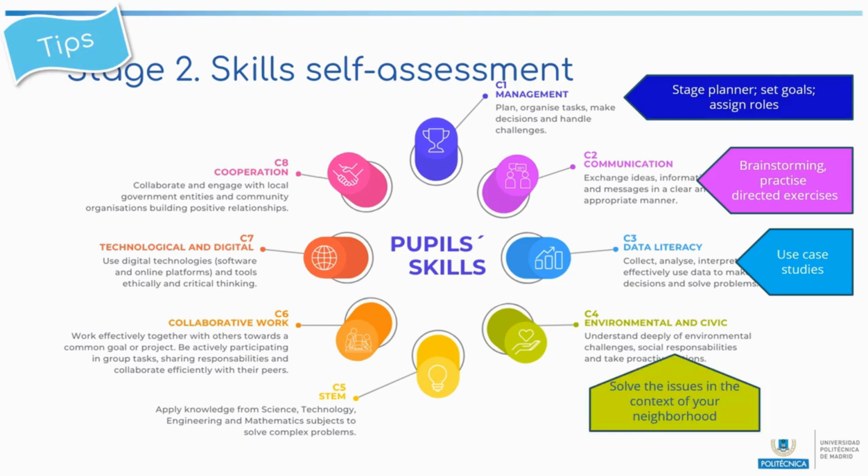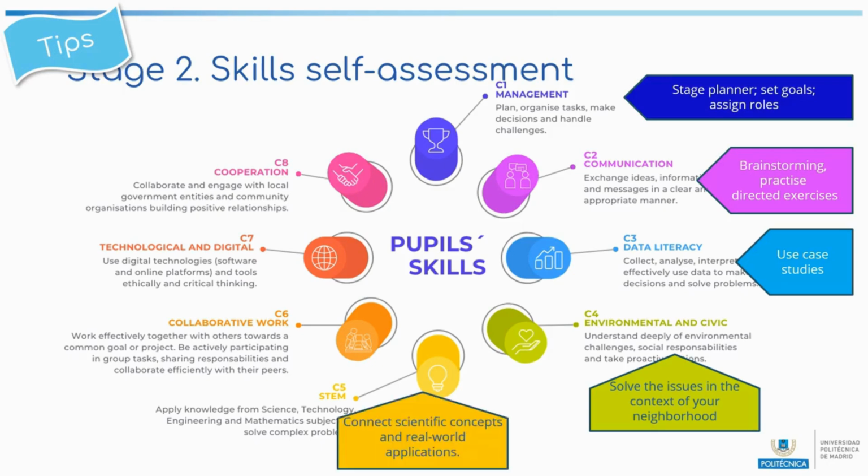Environmental and civic competence. Again, providing the students with real-world situations, especially those connected to their close surrounding, and involve them in analyzing data, interpreting it, and reflecting on the causes and consequences of any issue will help them develop critical thinking around this competence.